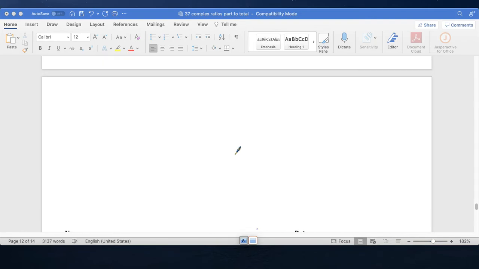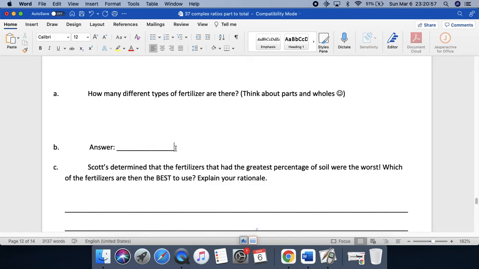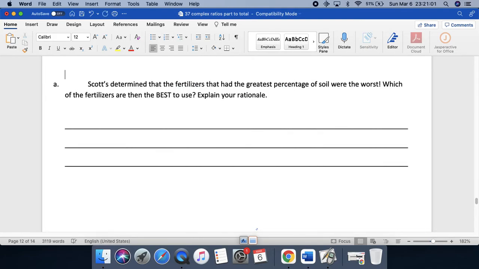So the next question says Scott wants to use the fertilizer that has the greatest percentage of soil. Determine which of the fertilizers are the best. So the best one has the greatest amount of seed. So what I'm going to do is erase this, come back on the top.